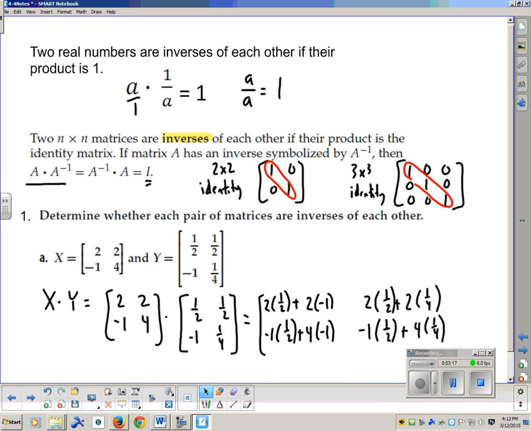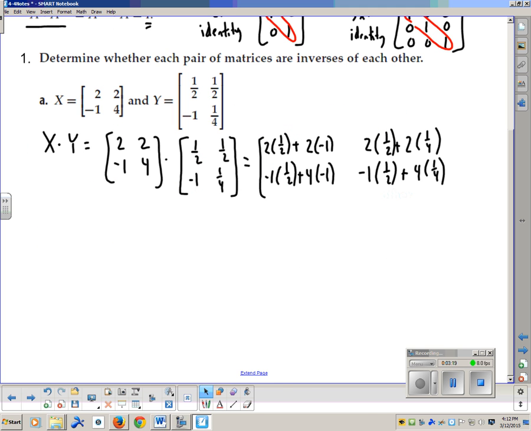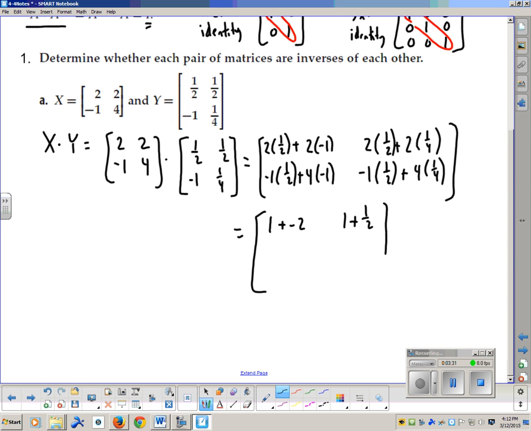Now we just have to simplify those. 2 times a half is 1 plus a negative 2. Over here you get 1 plus a half. Down here you get negative 1 half minus 4. And in here we get negative 1 half plus 1.